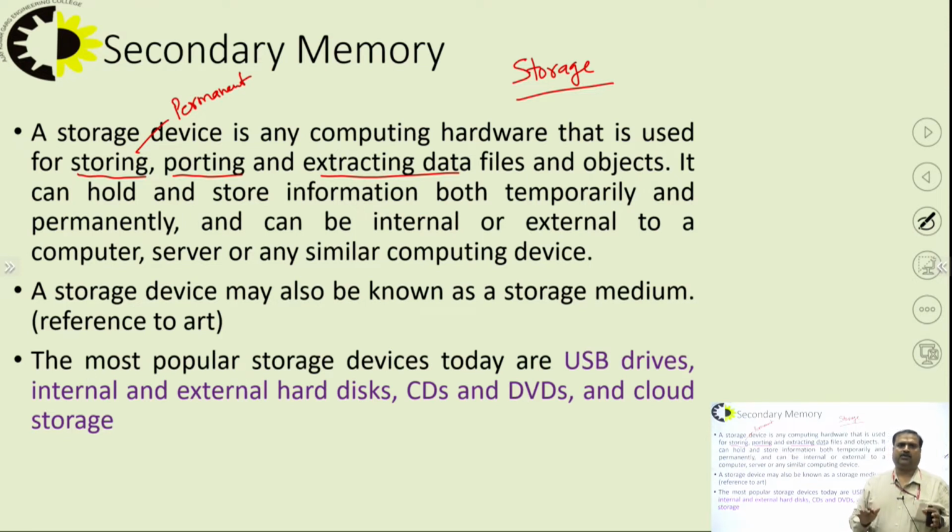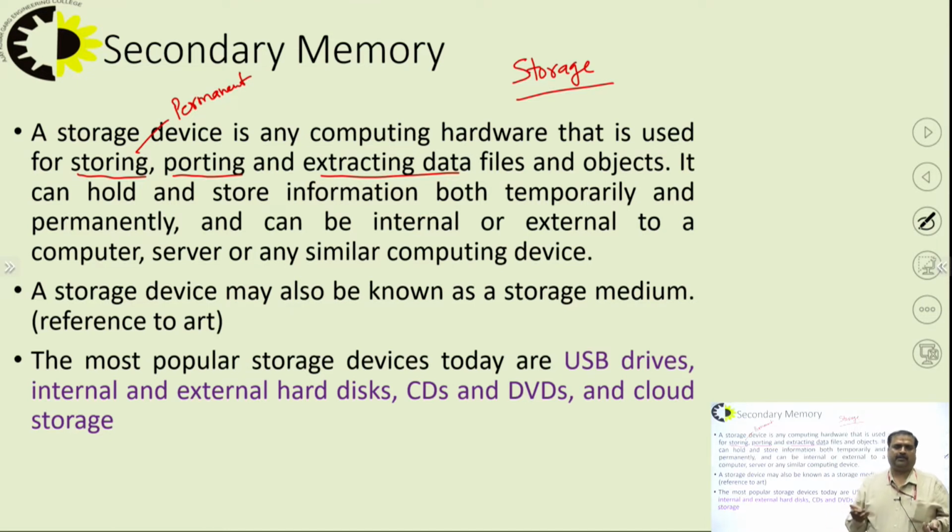It can hold information or data both temporarily and permanently, and it can be internal or external. Internal means the device is used inside the computer system, that is, sometimes the CPU box or sometimes our laptop.